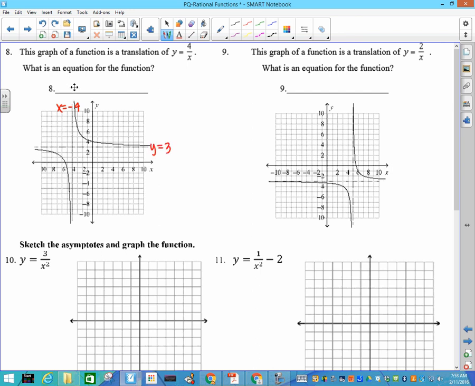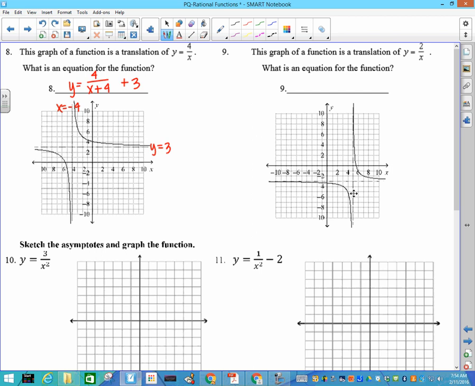Okay, so that means my function should be y equals, you've got to give it to me as a variation of that, 4 over x minus -4, which gives me plus 4. It's always minus, so it's the opposite of what it looks like. And then this is the same, so that's going to be plus 3. Same thing on this one. The graph of this function is a translation of y equals 2 over x.